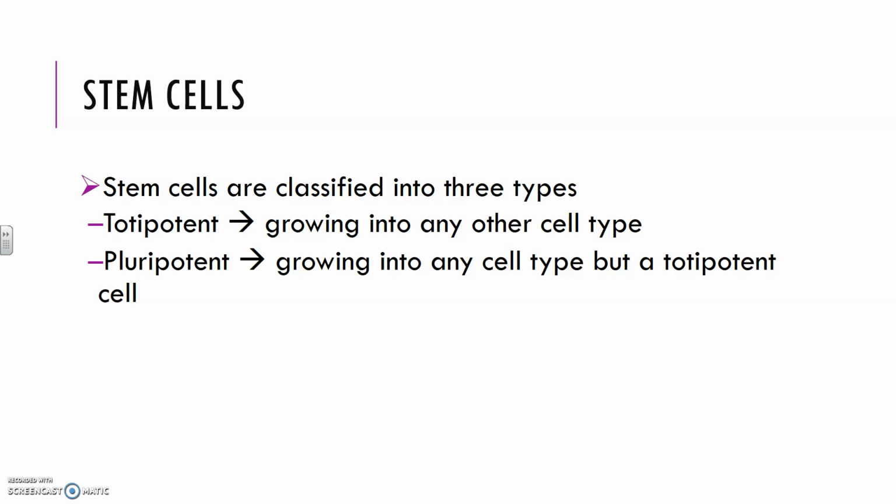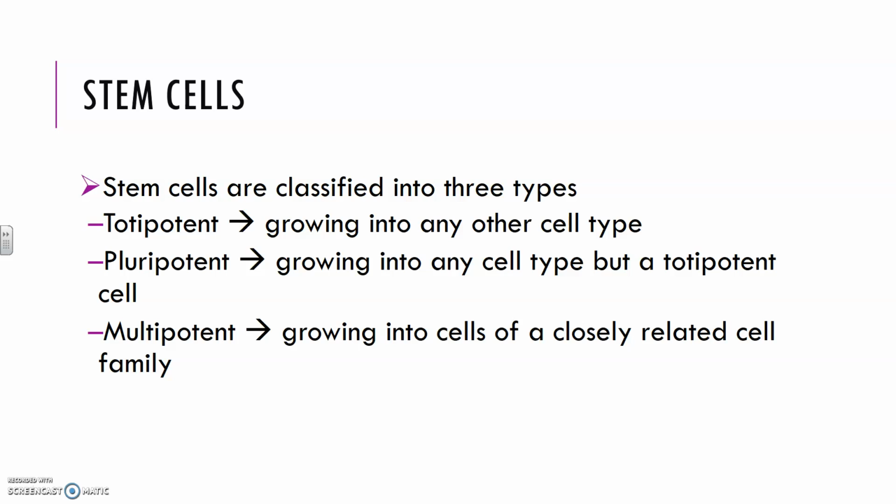Okay. Now the difference between them is that totipotent is the fertilized embryo. Okay, so it's right at the beginning of a new organism being created. Pluripotent is after those totipotent stem cells divide, they are going to produce pluripotent stem cells, which then pushes them along the path towards differentiation.